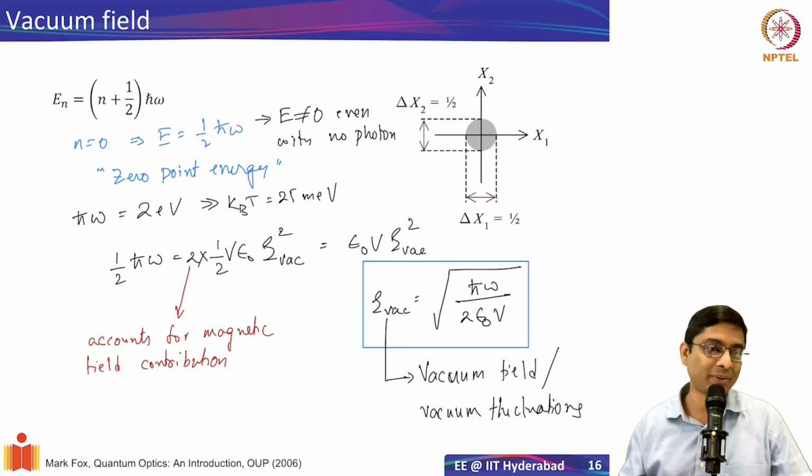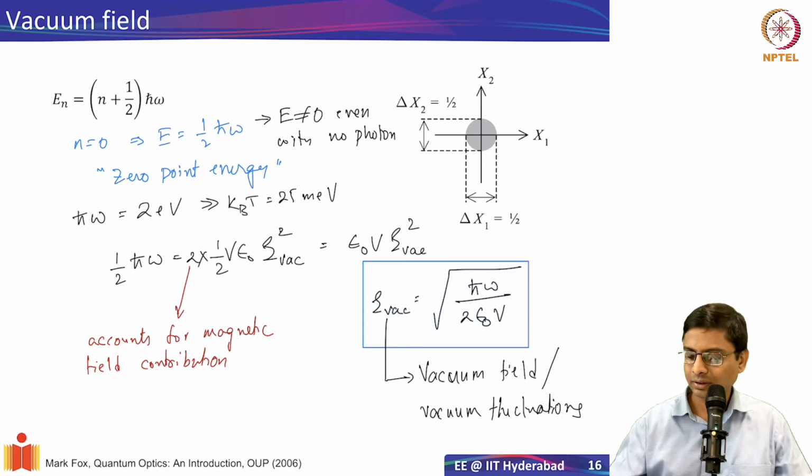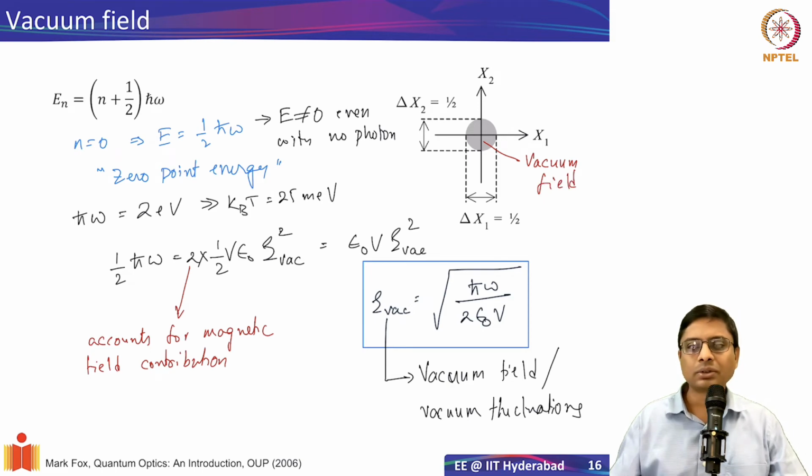There's no reason one should be bigger than the other. That's why we have carefully chosen the quantities in such a way that this turns out to be a circle. So this represents a vacuum state. This represents the vacuum field. There is this uncertainty even when no photons are present.